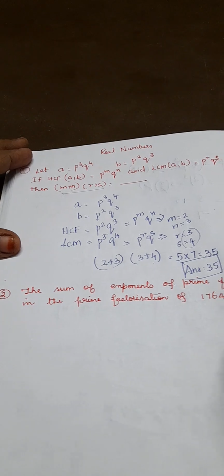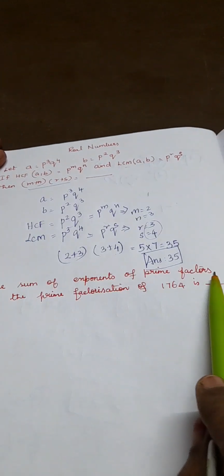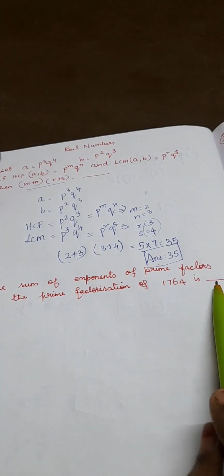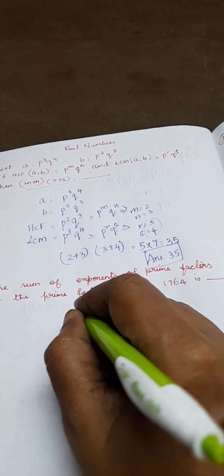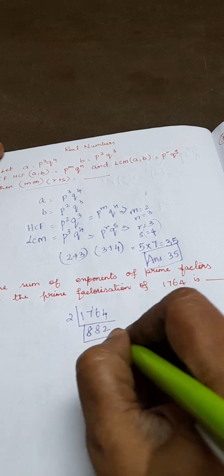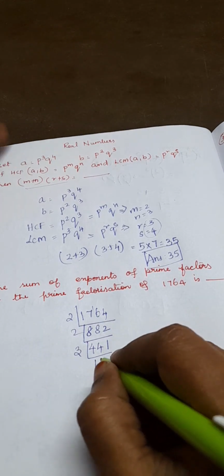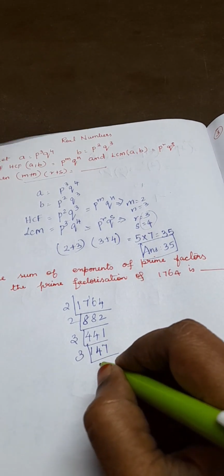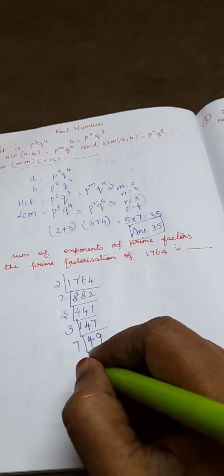The next problem: the sum of exponents of prime factors in the prime factorization of 1764. So we'll do prime factorization of 1764. 2 fours are 8... 2, 441, then 3, 3 threes are 9, 3, 147... then 7, 7 sevens are 49, 7.